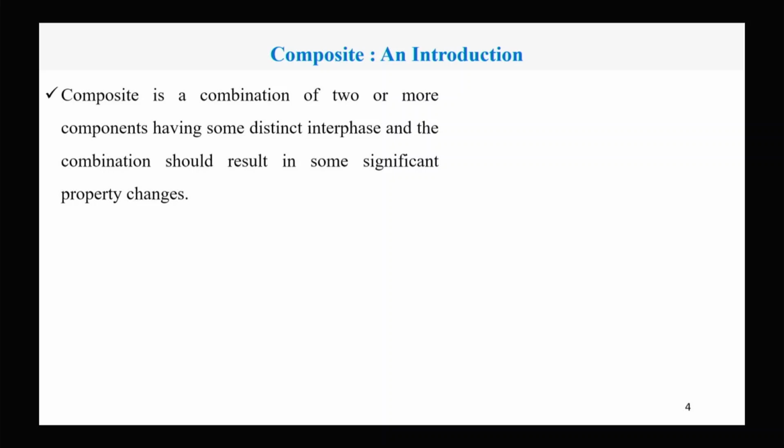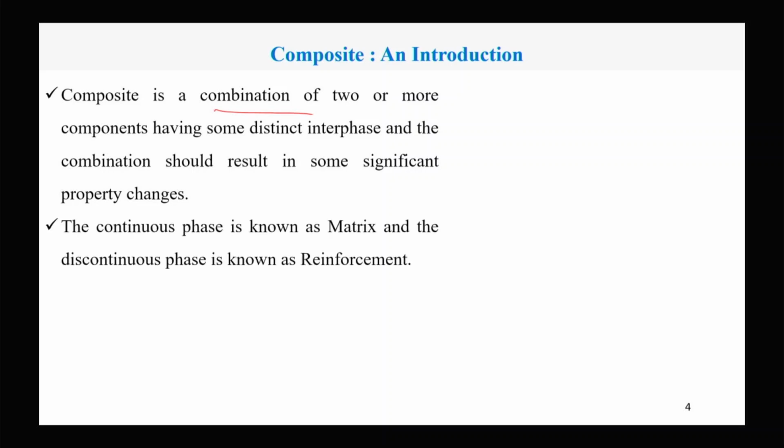So composite is a combination of two or more components that I have already mentioned. So let us say two components. One component is a continuous phase, which is called matrix.